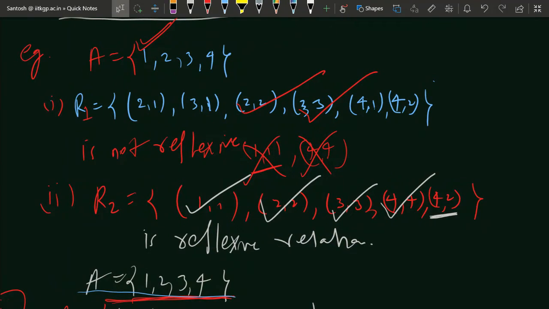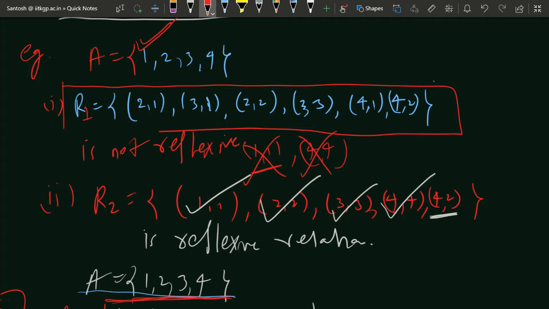Do you see the first relation is a symmetric relation? Now we check for this example whether this relation is symmetric or not. No, sir. Why do you see it is not symmetric? What is the reason behind it not being symmetric?